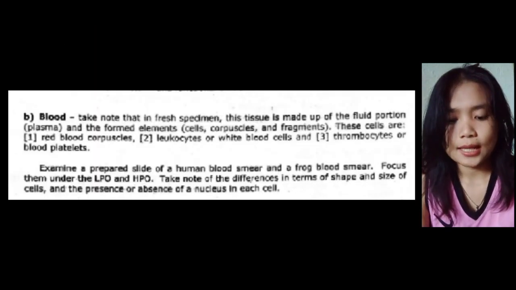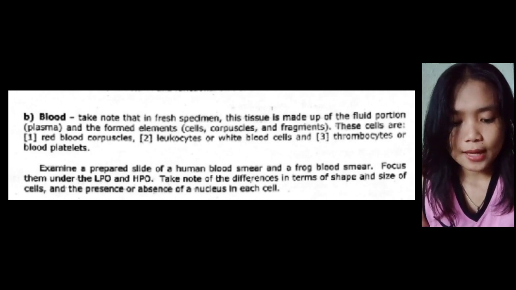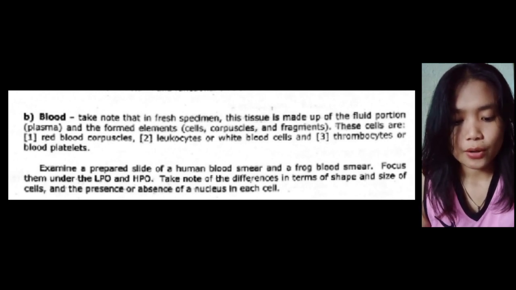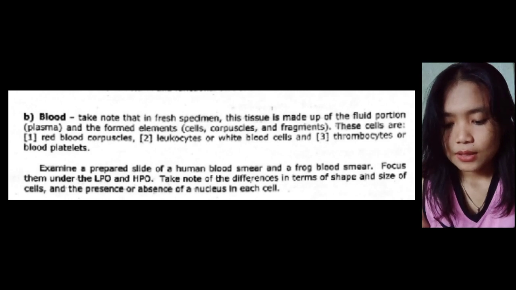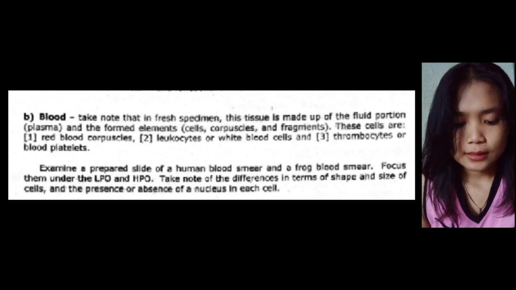Then letter B, the blood. Take note that in the specimen, this tissue is made up of a fluid portion or plasma, and the form elements or cells, corpuscles, and fragments.